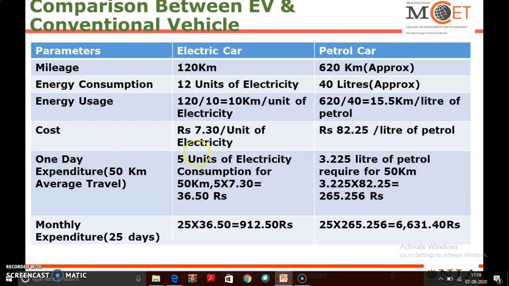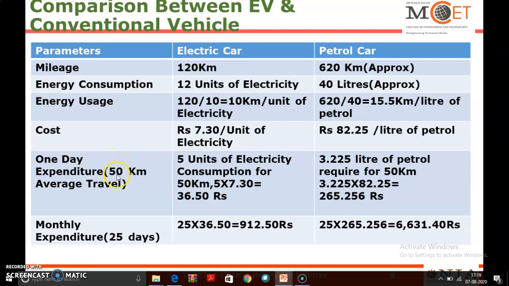So the cost is 5 into 7.30, which is equal to 36.50 rupees. It is the 1 day cost for an average travel of 50 kilometer a day.